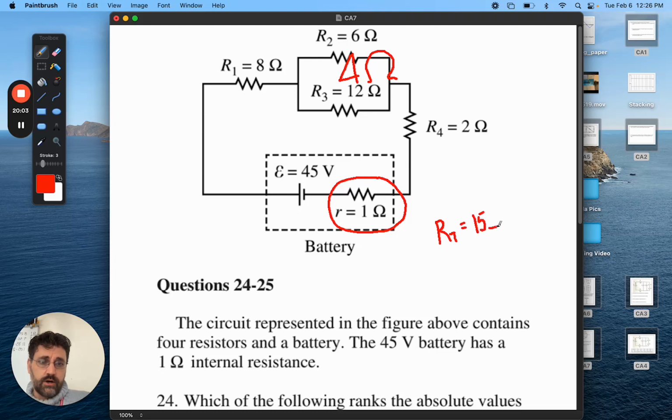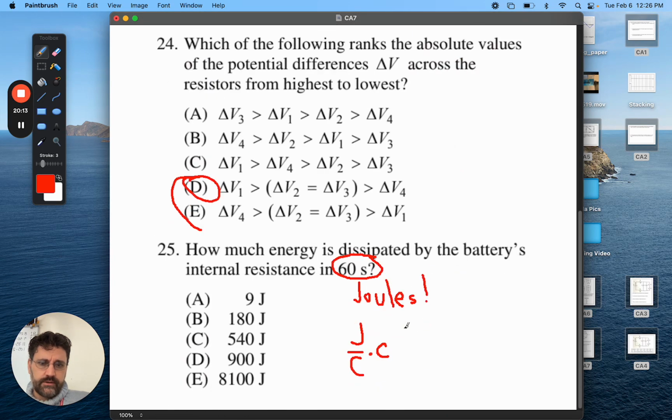So that means the current, the I total, is just 45 volts divided by 15, so it's 3 amps of current. Okay, so this 3 amps of current times 60 seconds tells us that 180 coulombs of charge is going to go through that resistor in 1 minute.